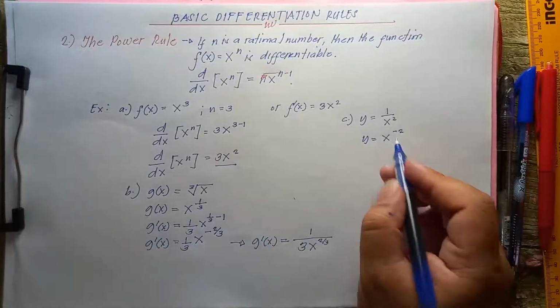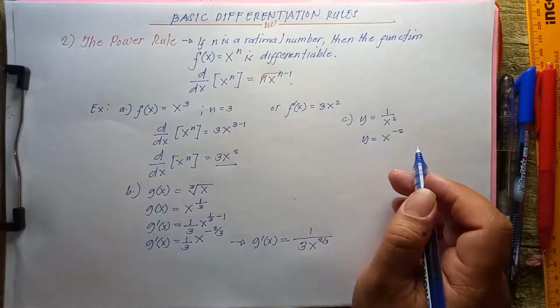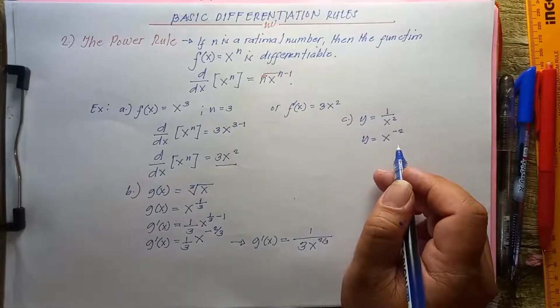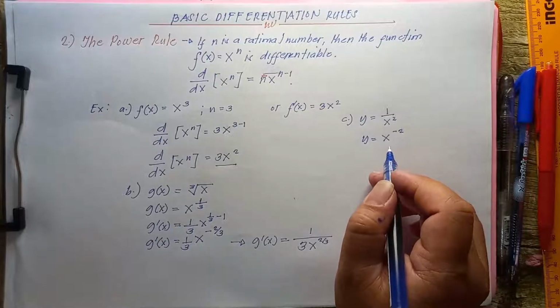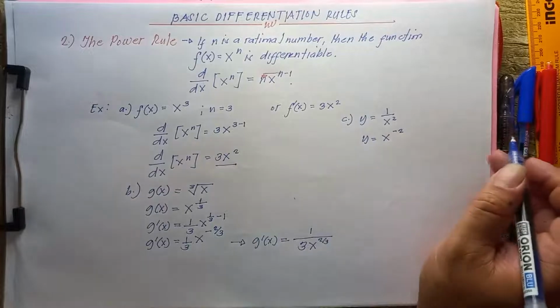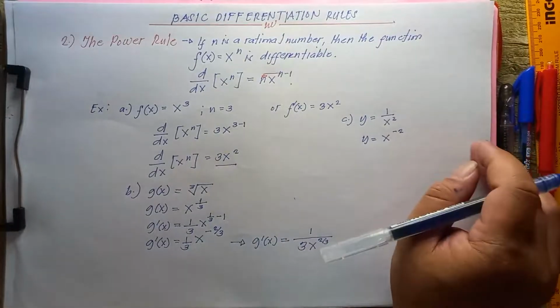Notice that we now have the form y is equal to x raised to negative 2. We are now ready to get the derivative.